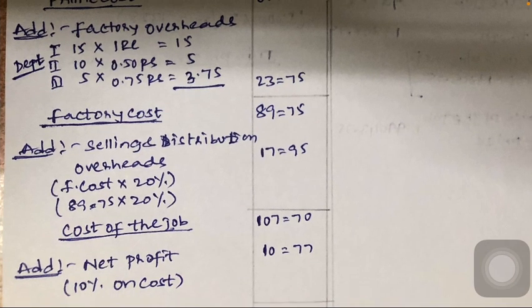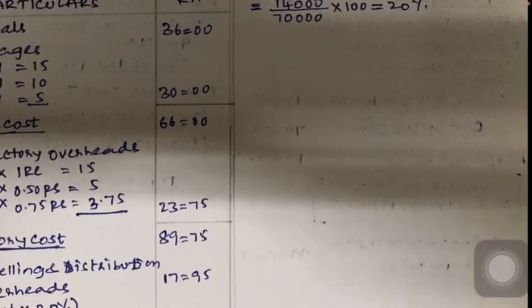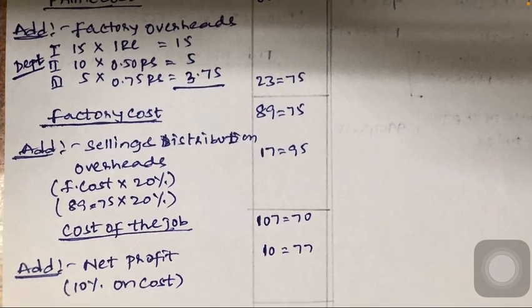Add selling and distribution overheads, which is 20% on factory cost or works cost. 89.75 into 20% is 17.95.